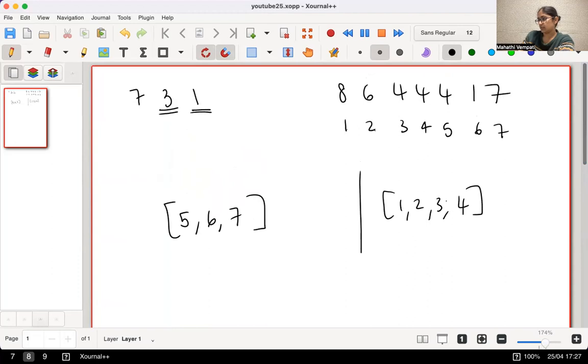So really, I want to put 1 here, and then I want to put 7.